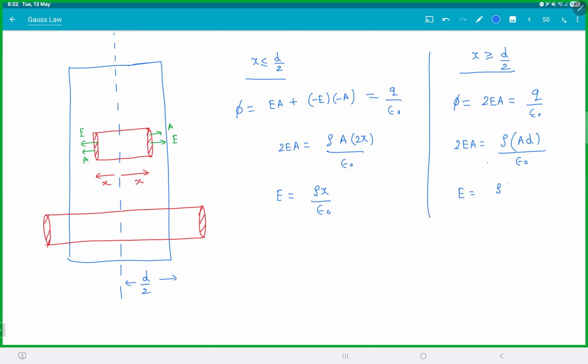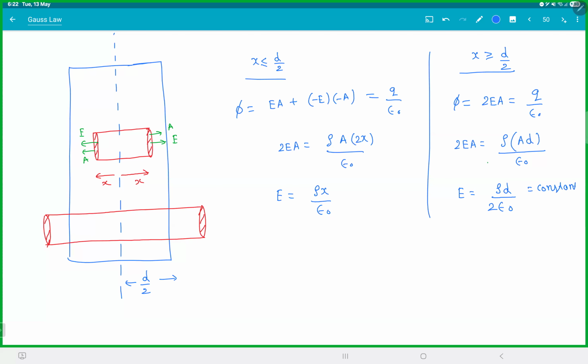You get E is equal to rho D by 2 epsilon, which is constant. So outside the slab, the field is constant. Is that clear, everyone? You could have used a cuboid also, it doesn't matter.